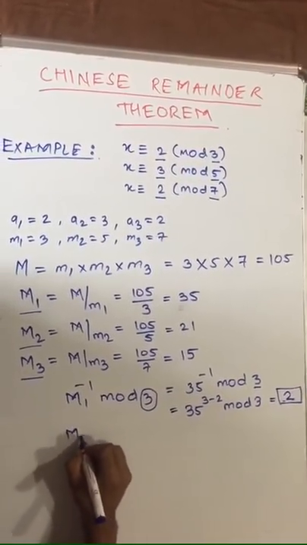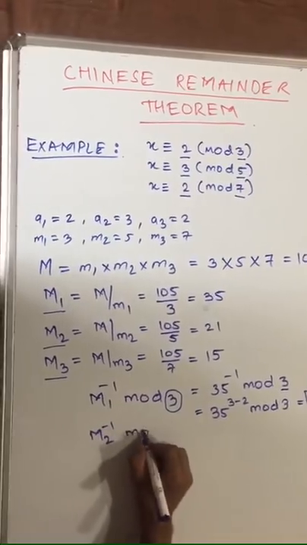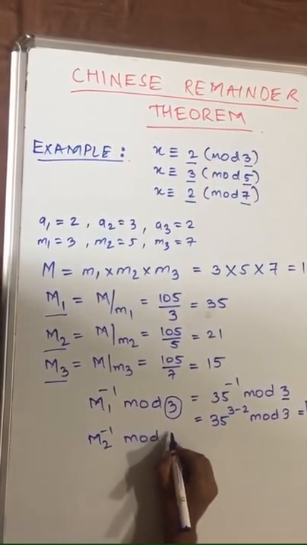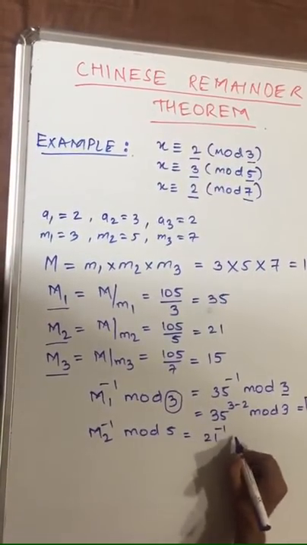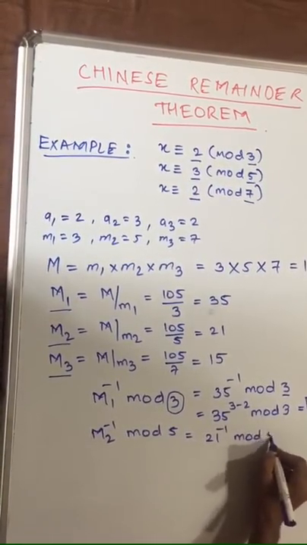Now capital M2 inverse mod 5, which will be equal to 21 inverse mod 5.